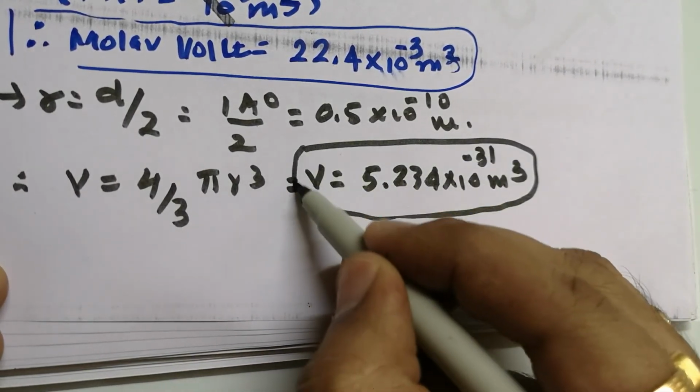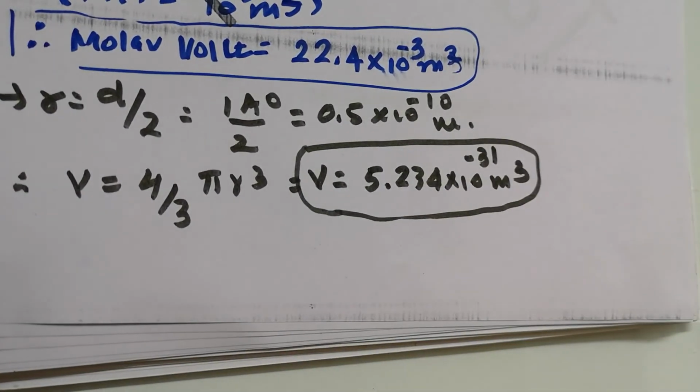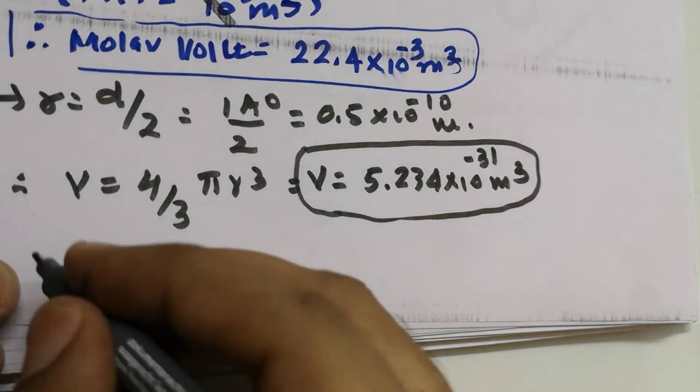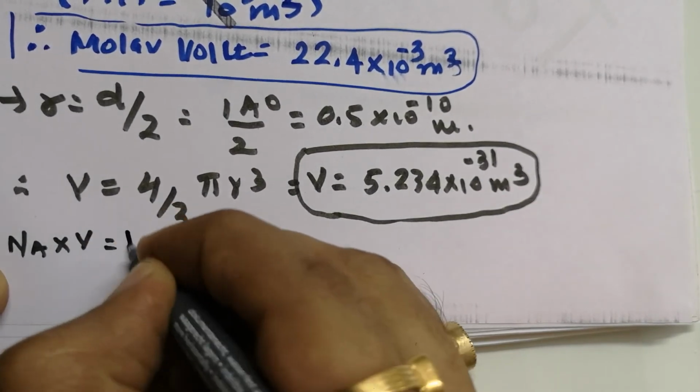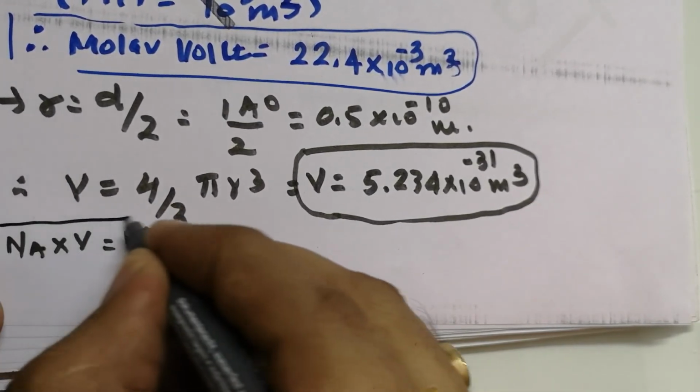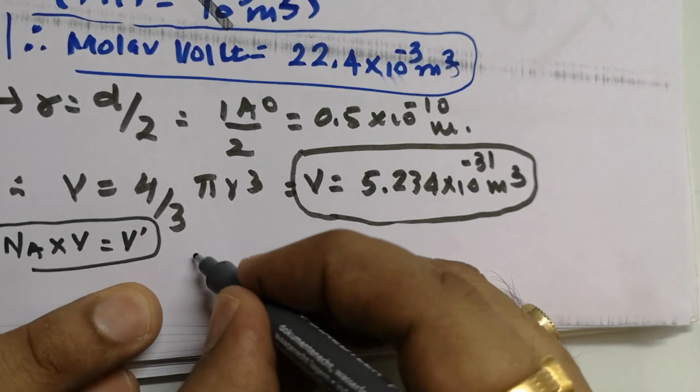And you are aware that whenever we find the atomic volume, we have to multiply by the Avogadro number. Avogadro number multiplied by volume gives me V dash, which is called the atomic volume. So I am multiplying both.